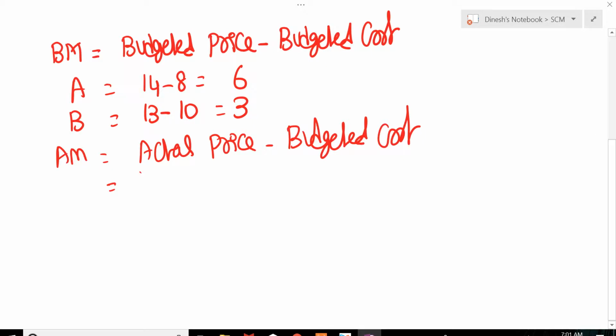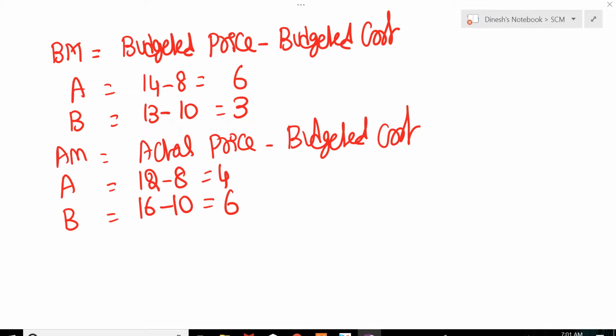So 12 minus 8, and we have 16 minus 10. Let's not even look at what is actual cost. That's information which is irrelevant to the question. It's irrelevant information for us. Clear? Any doubts on this?